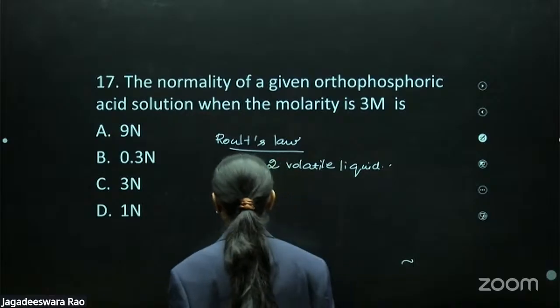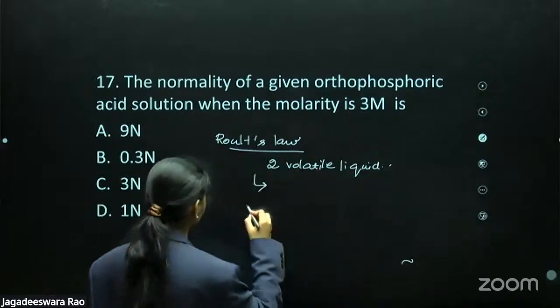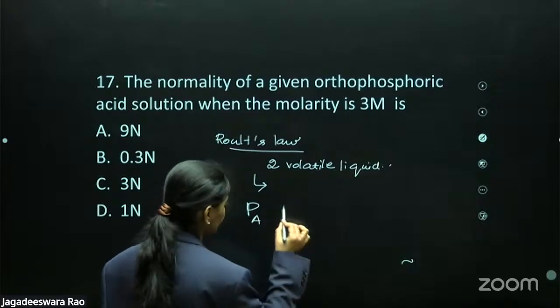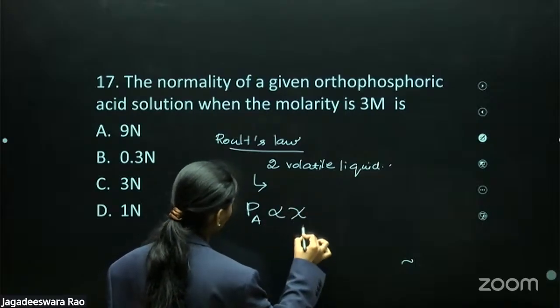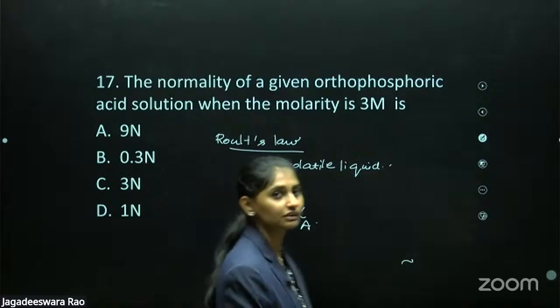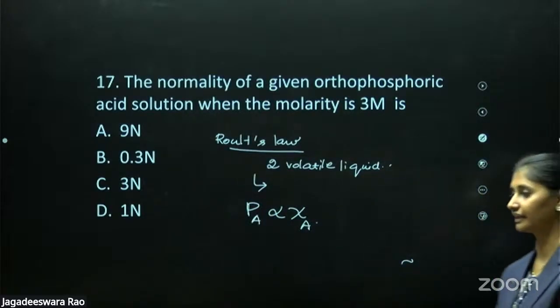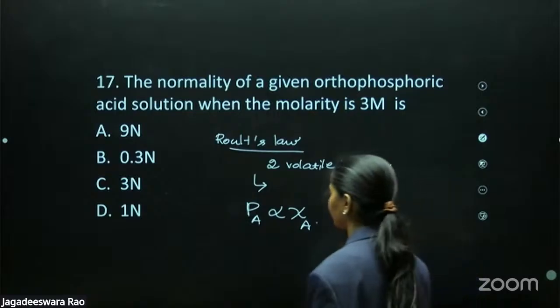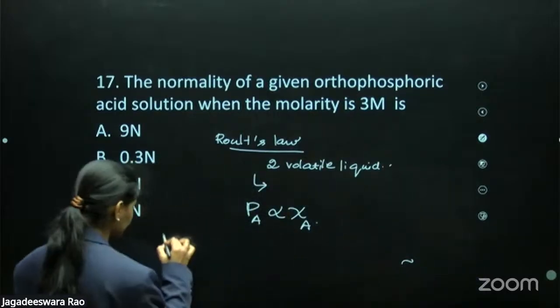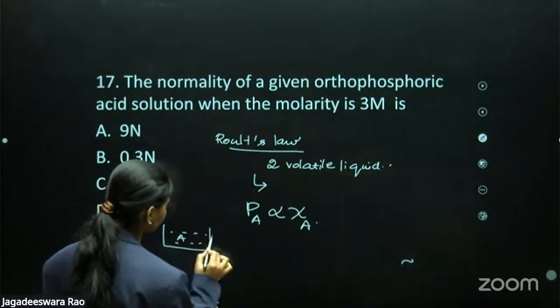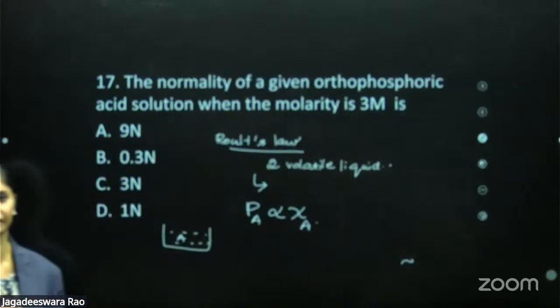So what you have to remember is that the vapor pressure PA is directly proportional to the mole fraction of A. The vapor pressure of A is directly proportional to XA. What is the vapor pressure of A? It is the pressure exhibited by the molecule A, directly proportional to how much mole fraction of A is present in the container.